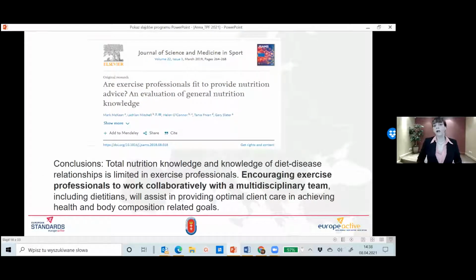We have good quality evidence today that in some aspects personal trainers fail, and this is an example that personal trainers are not ready to give proper nutrition advice, and that's fine because it's not their role. They should be ready to cooperate with nutritionists, but they don't have to give proper nutrition advice. But we have to check if they are ready to cooperate with nutritionists, and it will be some kind of challenge how to do that.